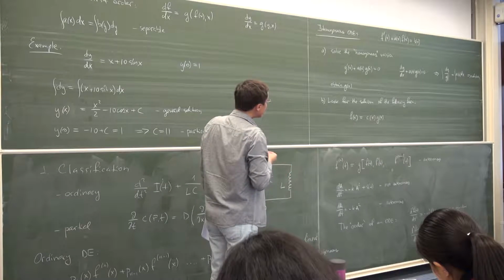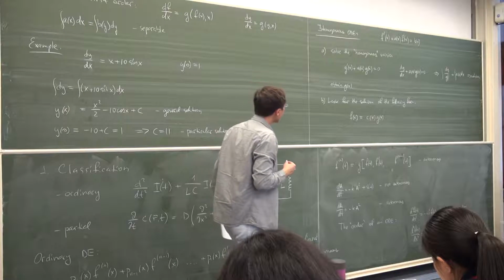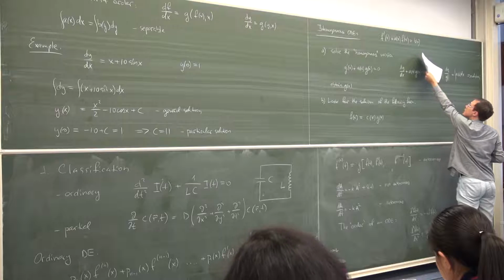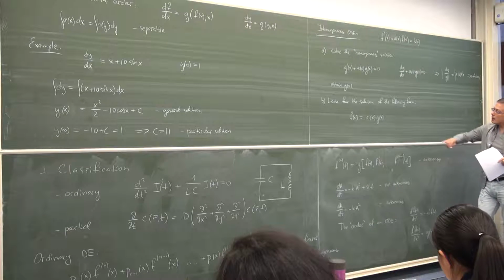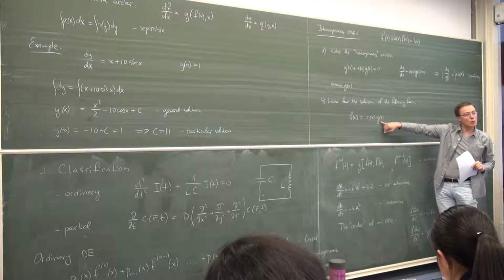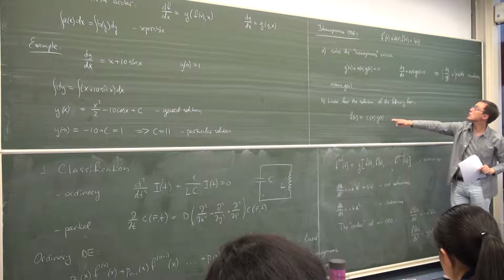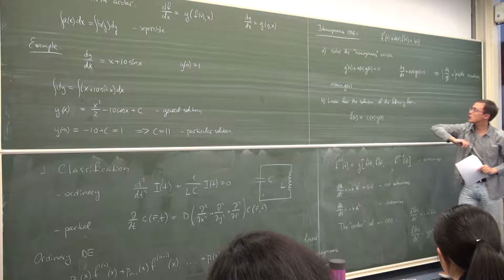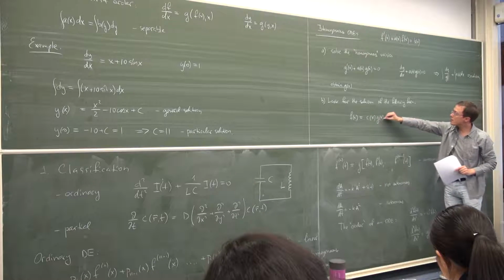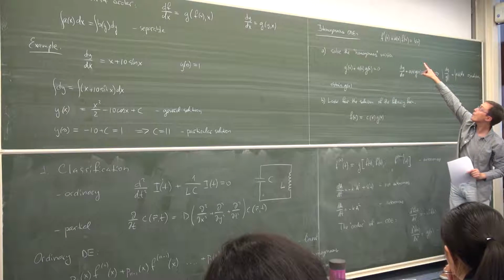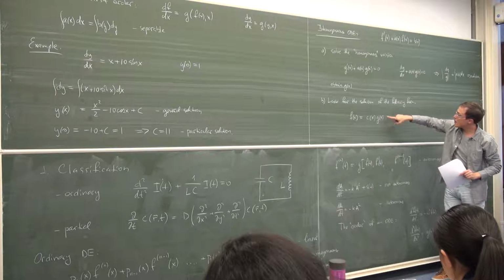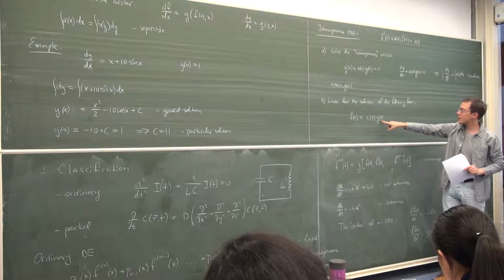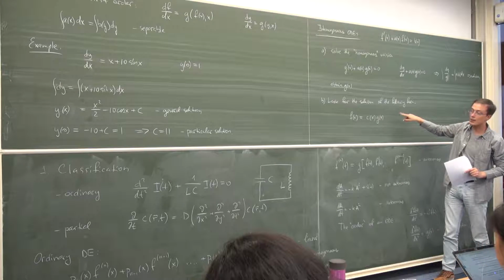You can probably see how this makes sense. Imagine that we are looking for a solution of this form. If g is the solution to the homogeneous one, and this is some other function, then when we substitute it over there, by the product rule for the derivative we will get c prime of x times g plus c of x times g prime.